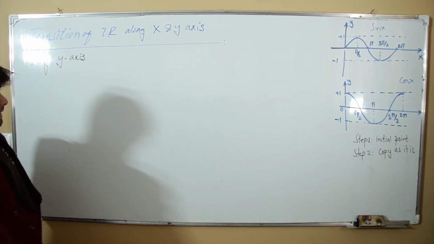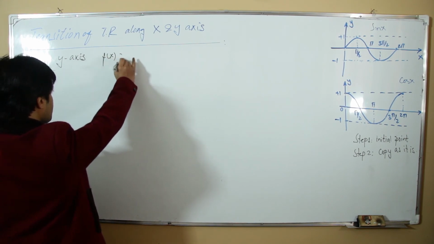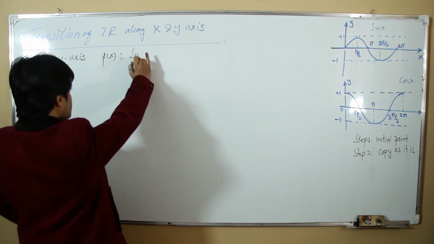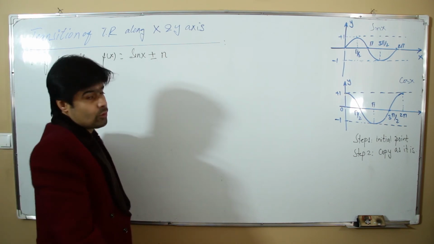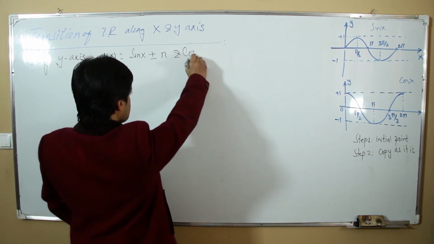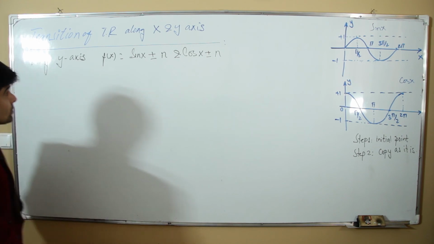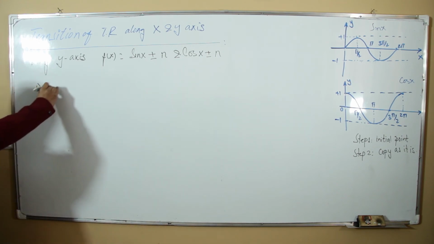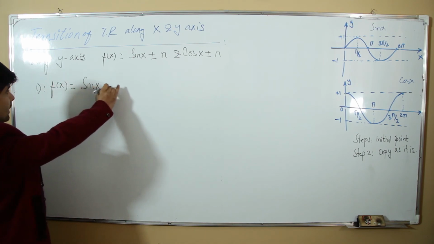Transition along the y-axis. Along the y-axis, the graph looks like f(x) is sine x plus or minus a number, 2, 3, 4, 5, whatever, or cosine x plus or minus a number. Suppose I have f(x) equal to sine x plus 2.